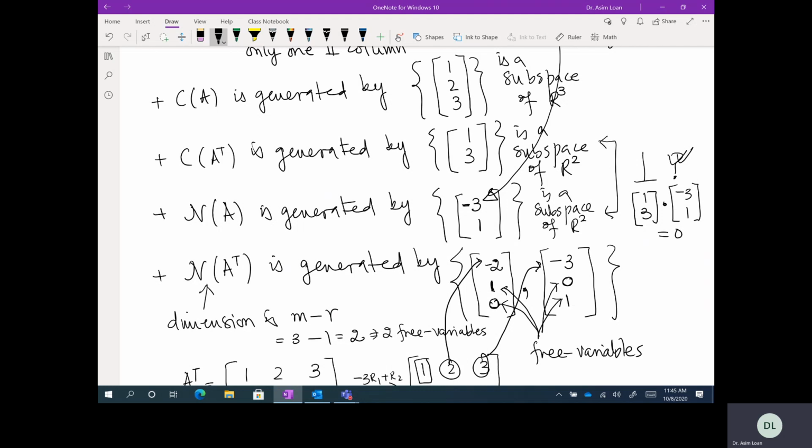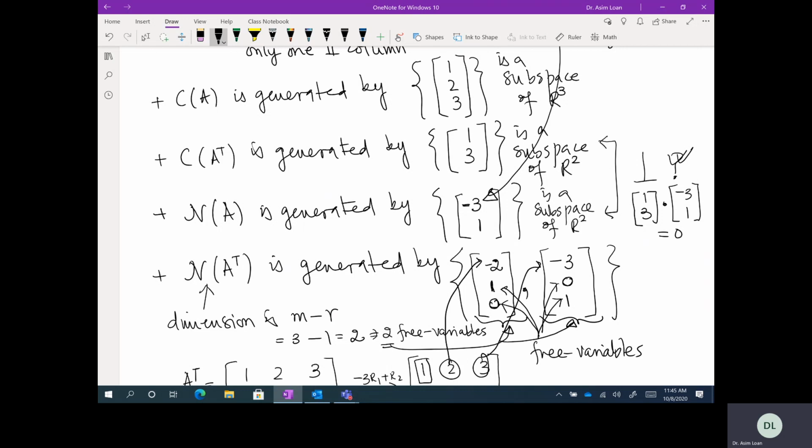You can also check. So these are two vectors, 1 and 2. So this dimension is 2. So two free variables. So this is the first one. This is the second one. So these are the vectors in the basis set that generate this space.